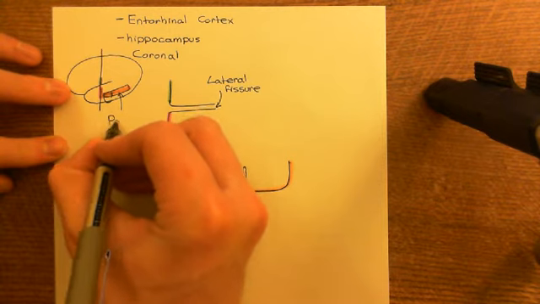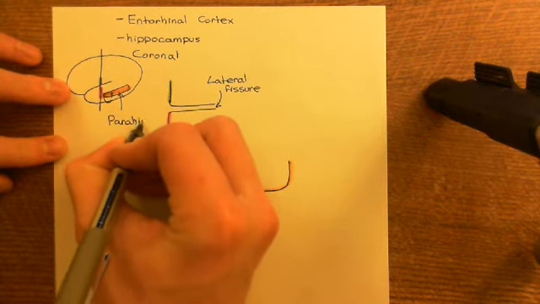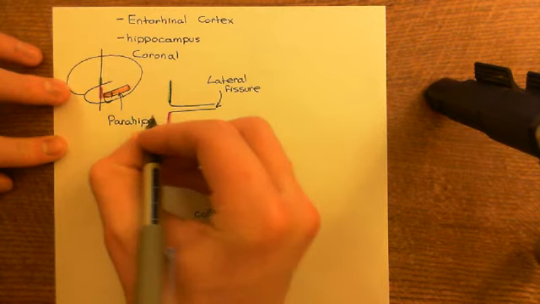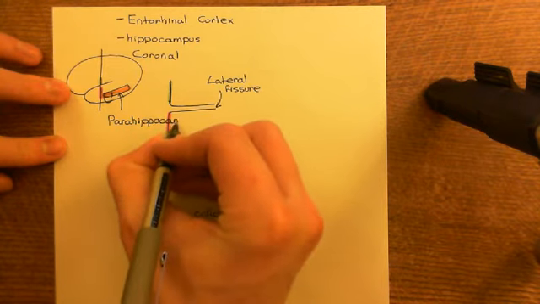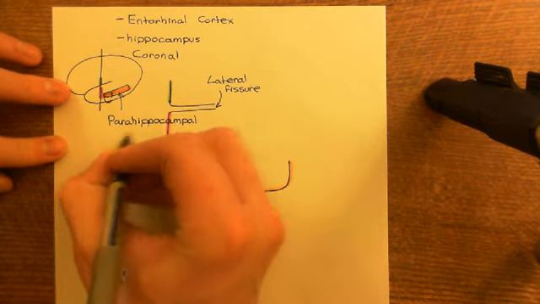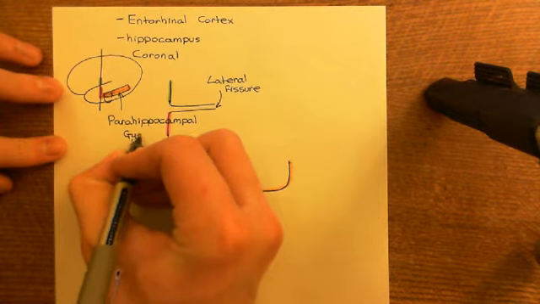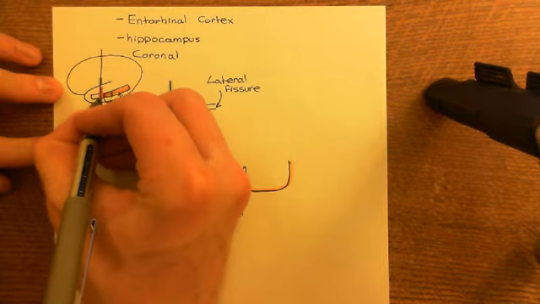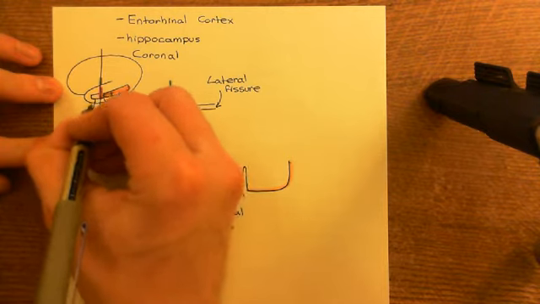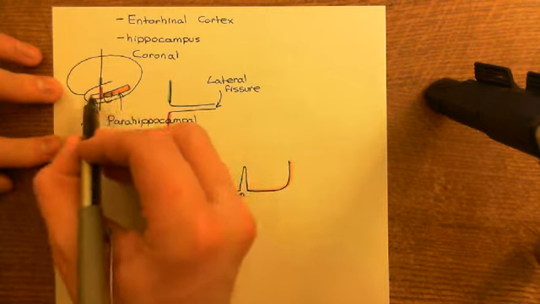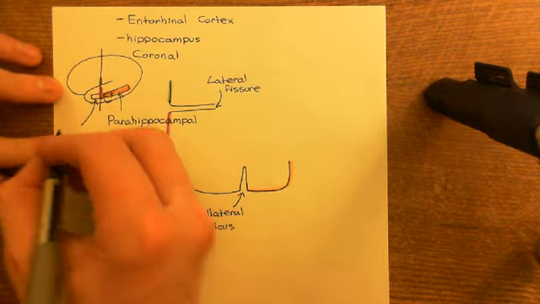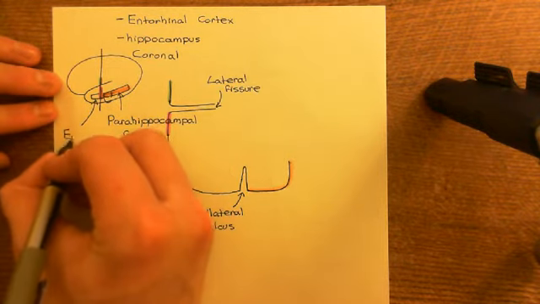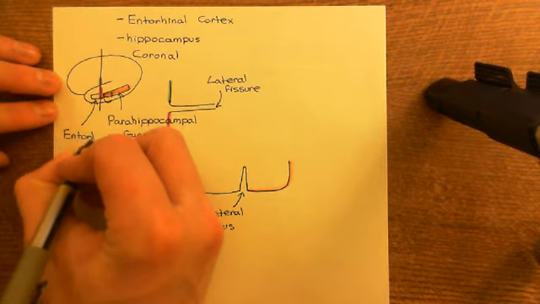So this would be the parahippocampal gyrus, and I'm just going to go straight through that, I don't think it will harm me. Now if you go forward of the parahippocampal gyrus, further forward here, this portion, which is just the continuation of the parahippocampal gyrus going forward, is known as the entorhinal cortex.